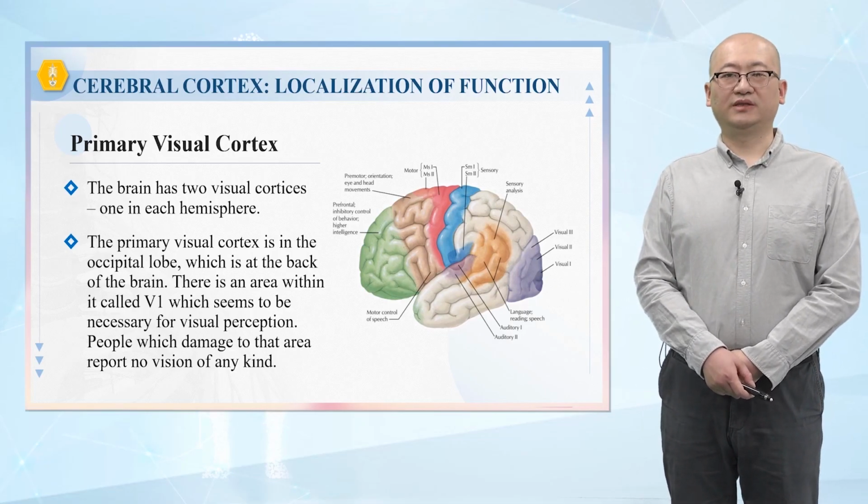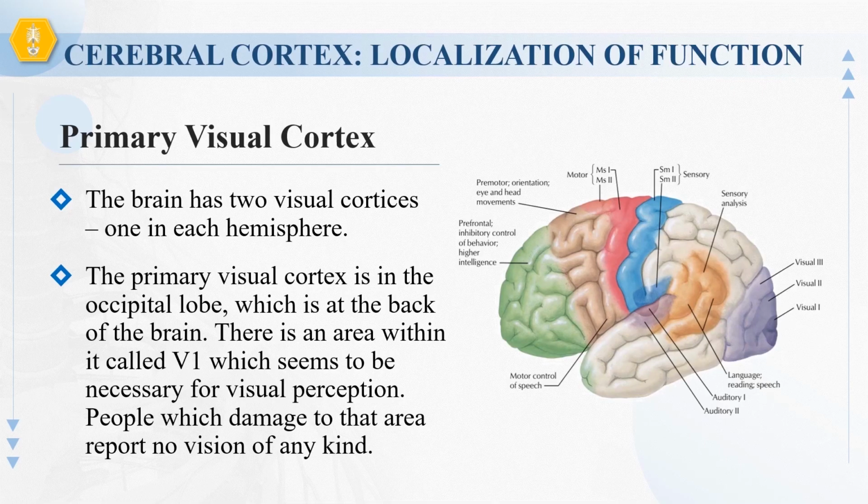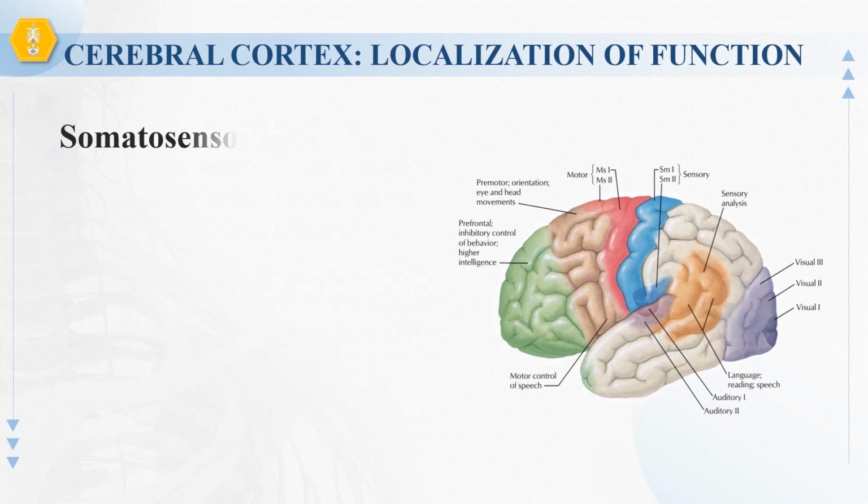People with damage to that area report no vision of any kind. The visual information is transmitted along two pathways, one containing the components of the visual field and the other being involved in the location within the visual field.